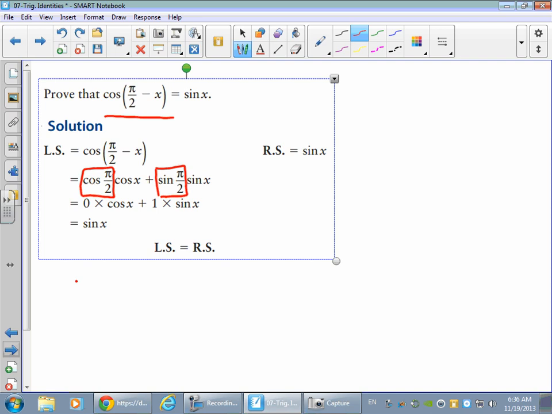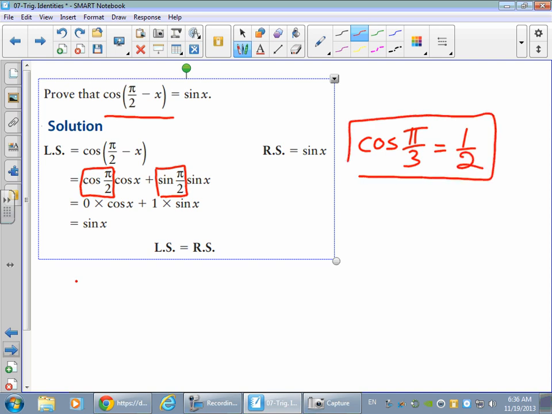Cos of pi over 2, or, as you've seen recently, cos of something like pi over 3 has an actual value. So remembering what we saw before, if we have an exact angle that we can simplify, go ahead and make that substitution. Now it turns out the cos of pi over 2, cos of 90 degrees, is 0, and so of course we had 0 times cos x here. Sine of pi over 2 is 1, so 1 times sine x, and again, pretty easy. Proven.